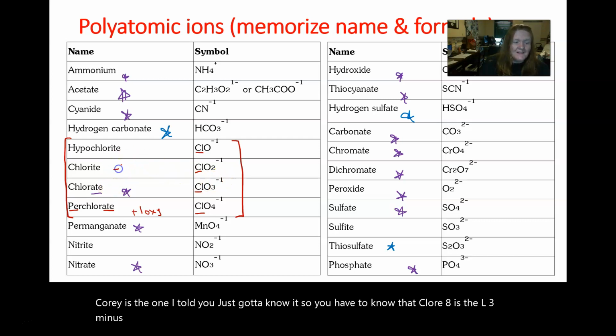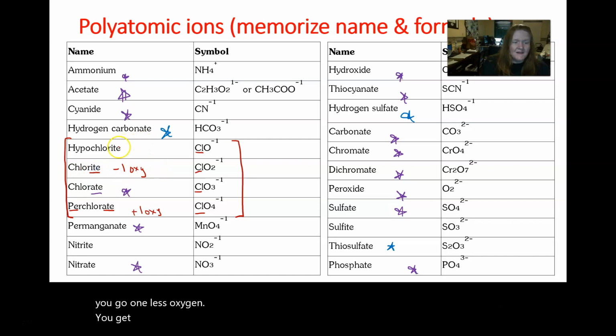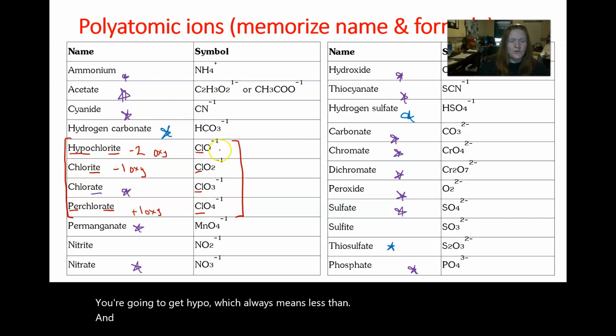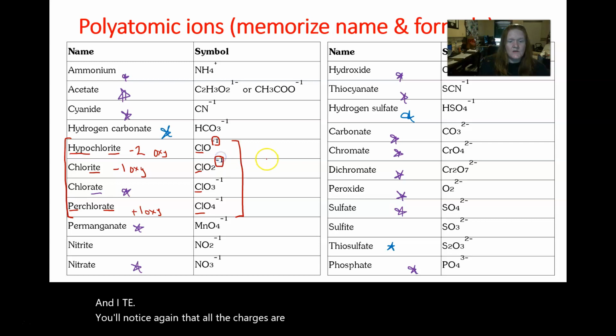If you go one less oxygen, you get the ITE ending. And if you go two less from your base, you're going to get hypo, which always means less than, and ITE. You'll notice again that all the charges are identical. They are also identical to the element when it is ionized.